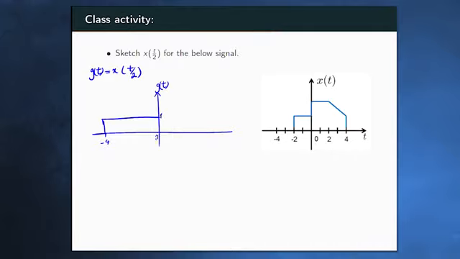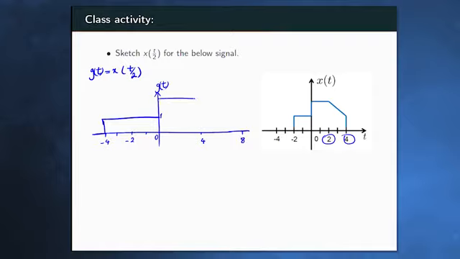All right, this is 0. This is negative 2. Okay, on the right side, I need to expand it. So what happens at t equal to 2 is going to happen at t equal to 4 in here. And what happens at t equal to 4 here is going to happen at t equal to 8.